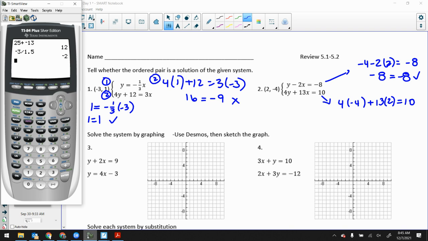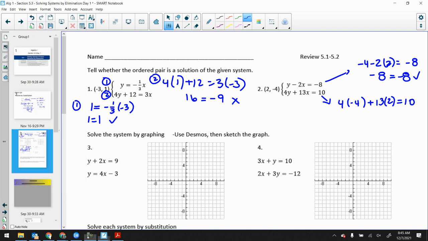Now, again, I want to show you, you can just plug it in a calculator too. So we got 4 times negative 4 plus 13 times 2, which gets us 10. So this one does check out. So we say, yes, it is a solution.